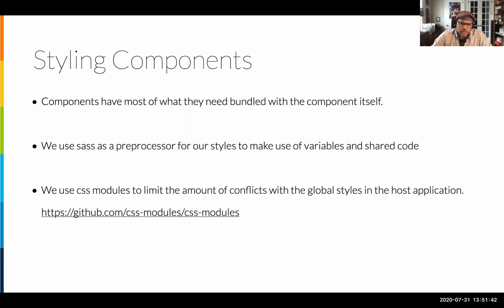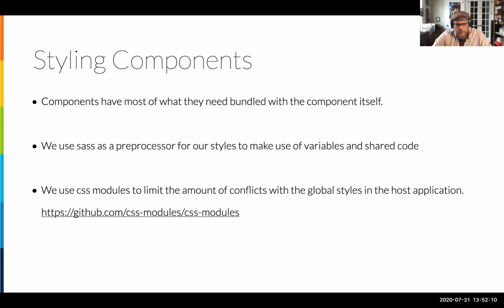But we're using Sass right now, to share variables, share code, and make sure that things are consistent. The idea is that if the host application has Sass already installed, the component should have what it needs to be imported and look and function correctly. As of right now, we don't have a global style sheet. If you import the component from the library, it has everything that it needs bundled with it.